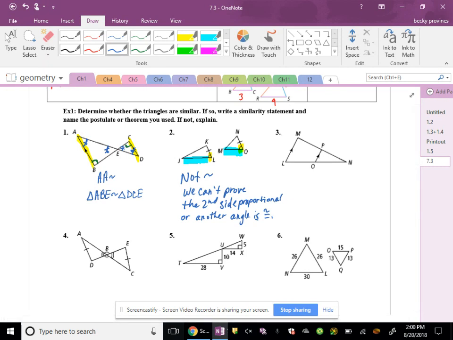Looking at the next one. So hopefully when you look at this, you can see more than one triangle. I see two triangles. I see this big outline of a yellow one. And then inside, I see this green one. Now I see something else. I see parallel lines. Remember that little arrow means parallel. So why do we care?